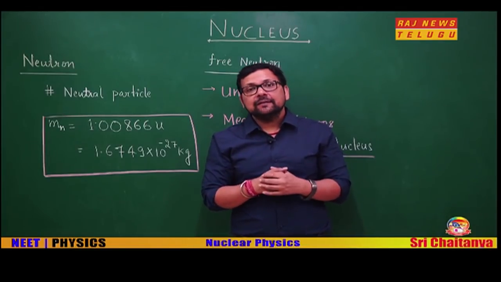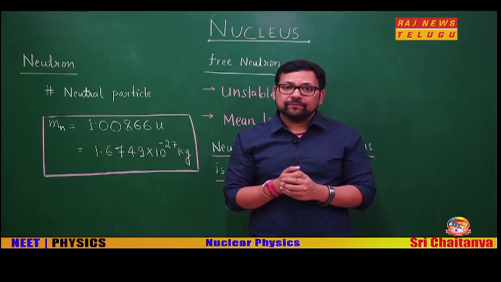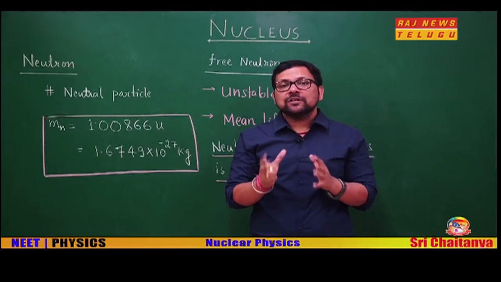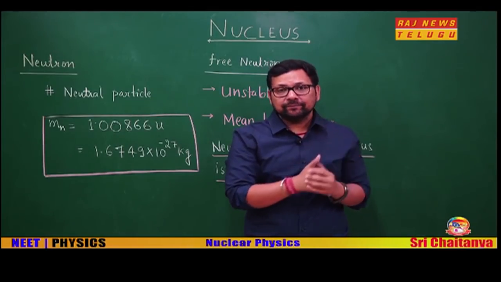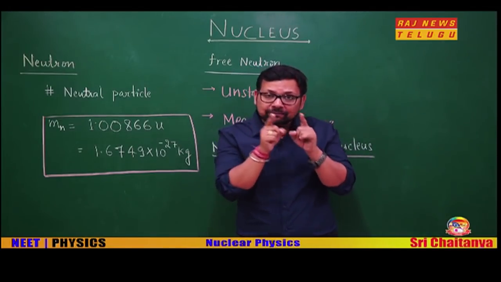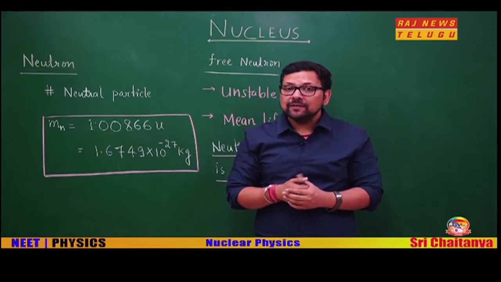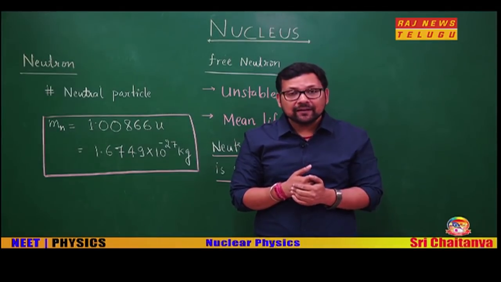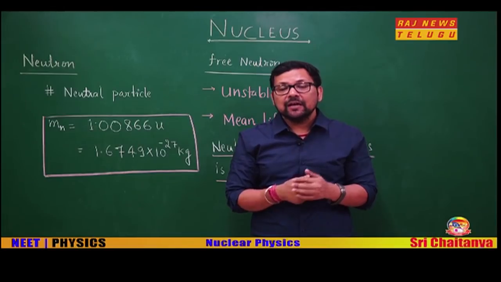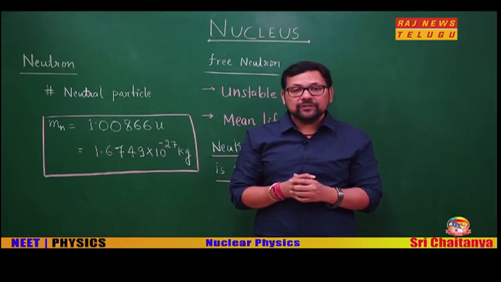At that time, neutral radiation was assumed to be only photons. Now, the photon's energy and the radiation energy from the beryllium experiment were not matching. Photon energy is usually very high. Then what kind of radiation was it? That was a neutral radiation, and on the basis of that, the neutron was discovered.